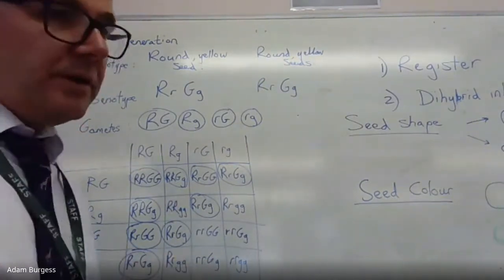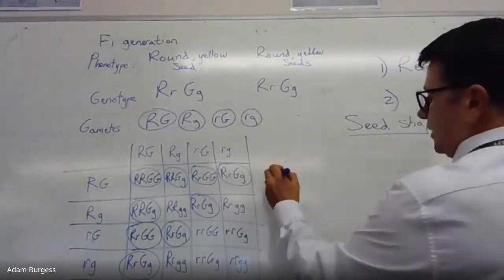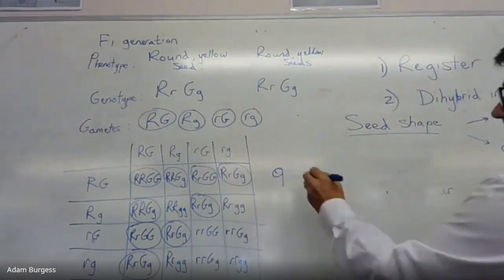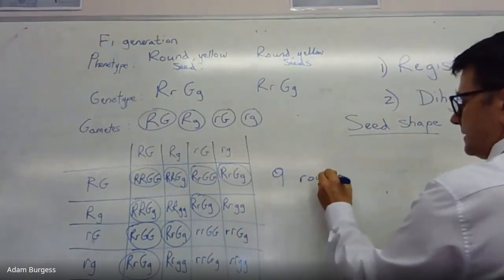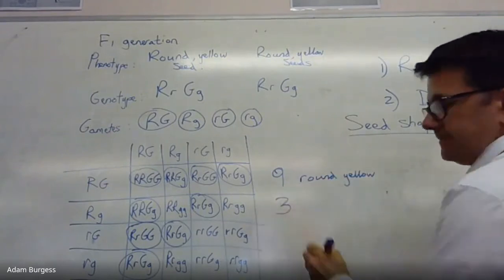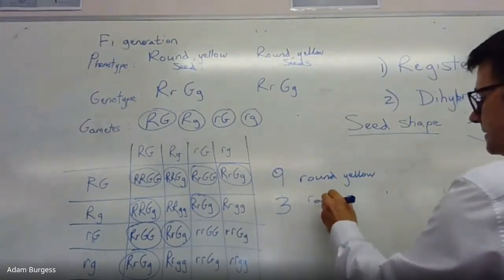So you've got 9 round yellow seeds. You've then got 3 round green seeds.